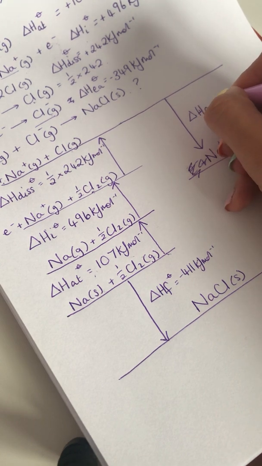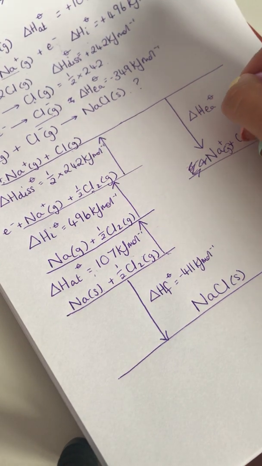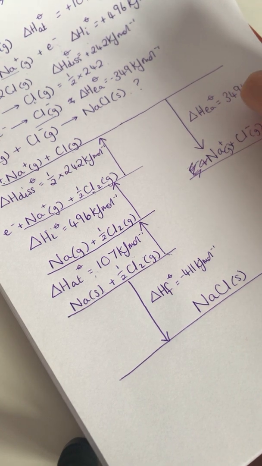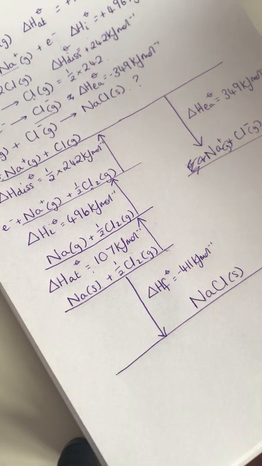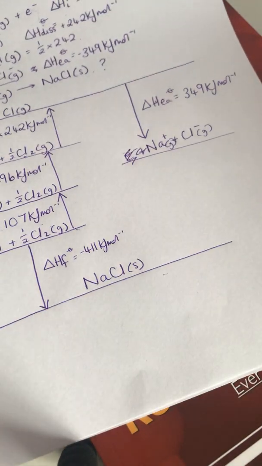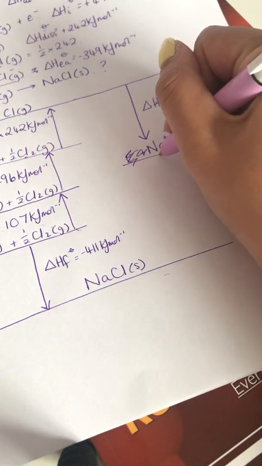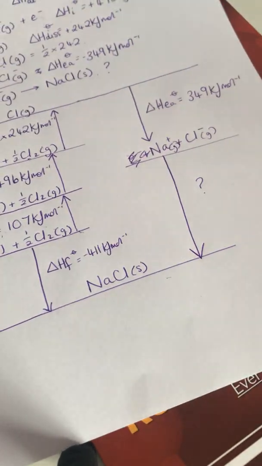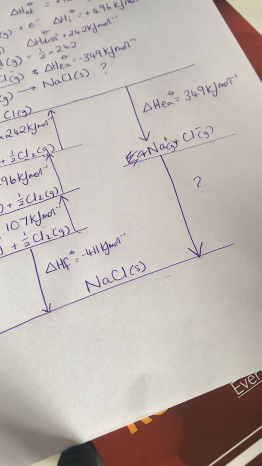Delta HEA, which is going to equal 349 kilojoules per mole. Now, my final step then is to go from these to my product. And this is the enthalpy change that I'm going to try and calculate.